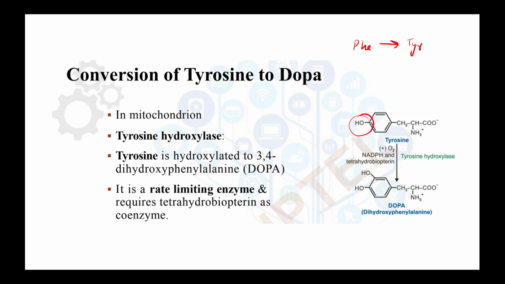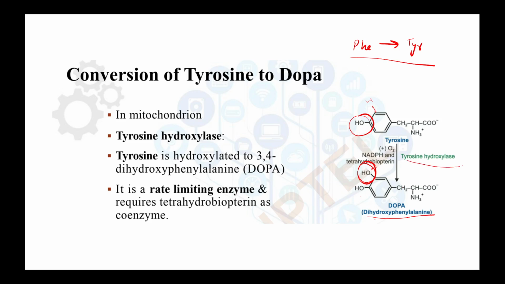Now, in this reaction, one more hydroxyl group is attached at this position. So in this position, there is only one hydrogen, and then one hydroxyl group is attached to make it dihydroxyphenylalanine. So now it's a phenylalanine with two hydroxyl groups. So it's dihydroxyphenylalanine. This reaction is very similar to the reaction of phenylalanine to tyrosine.